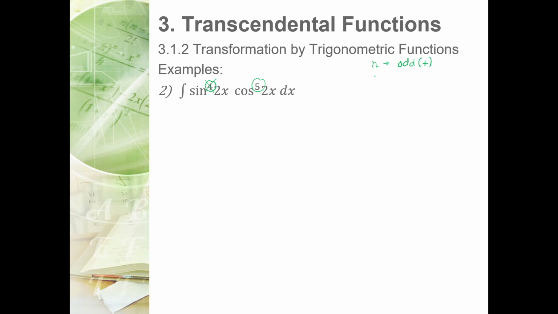Okay, so again, next step is to factor out cosine u du. And next we replace cosine squared u with 1 minus sine squared u. Then use the u sub technique. So again, 1, 2, 3, and 4 steps.